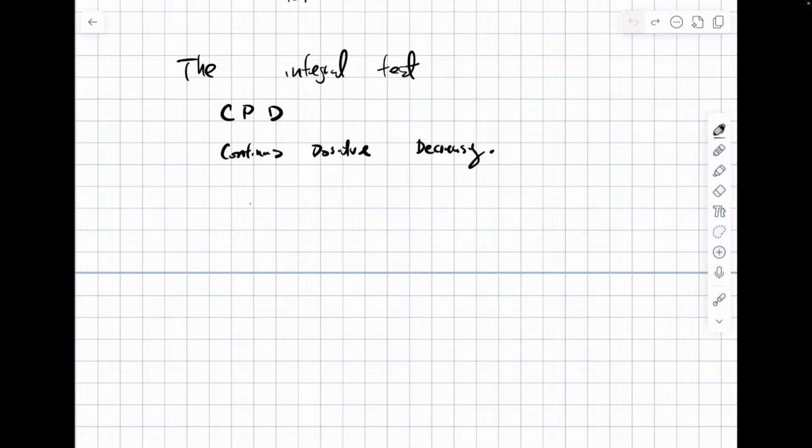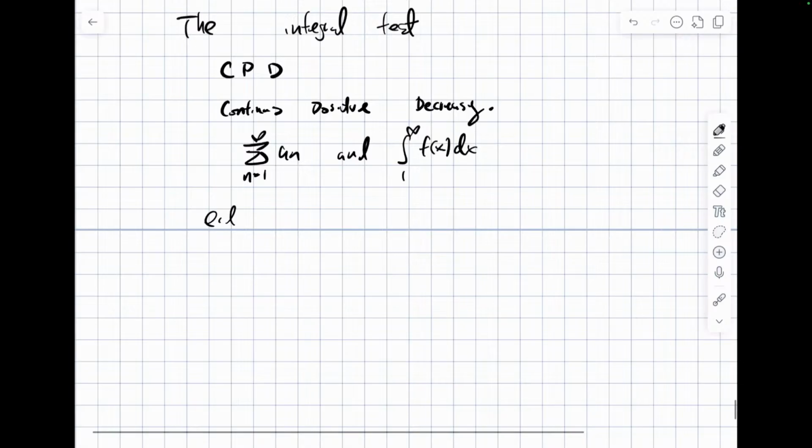Positive, continuous, and decreasing. Then if you have the summation of n equal to 1 to infinity of a_n, and the integral from 1 to infinity of f(x) dx, they either both converge or both diverge.